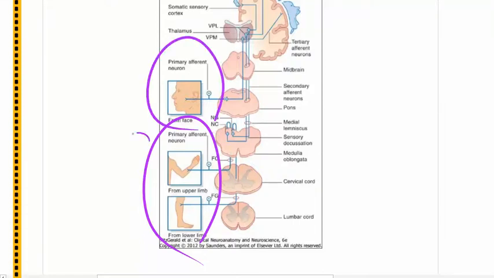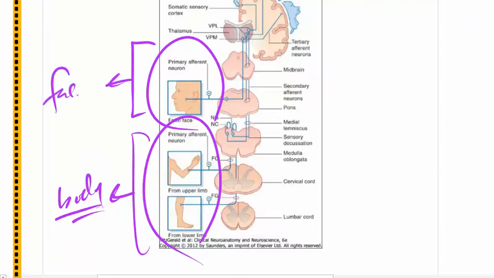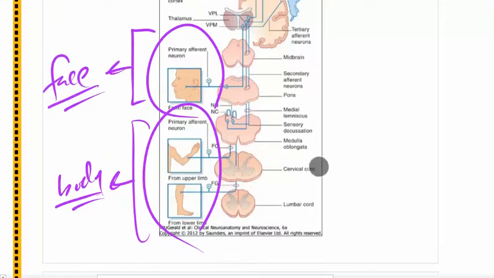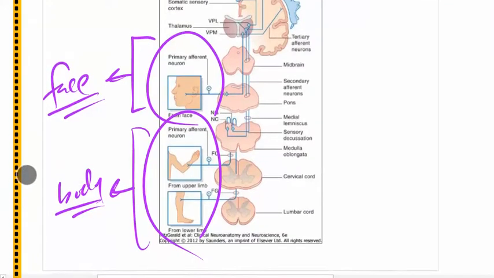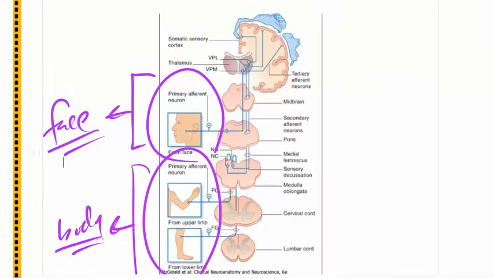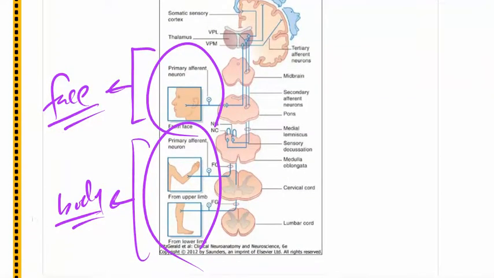When you're looking at the body, that schematic I showed you applies, but there's a slight difference when you're looking at the face in terms of how it projects. You see what I'm saying? So it's still a dorsal column, but it's for the face. You can see it that way.